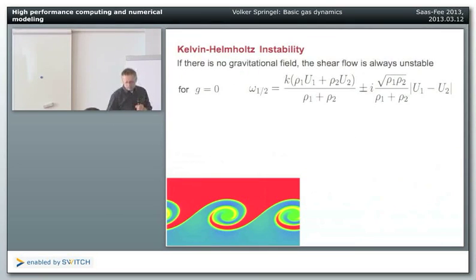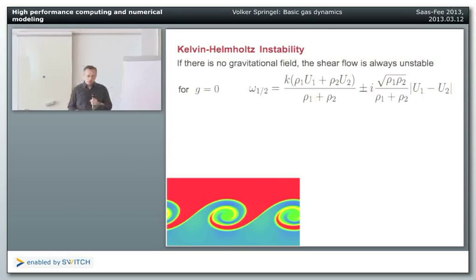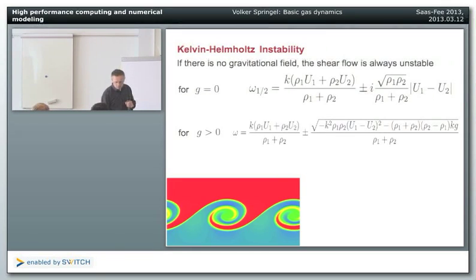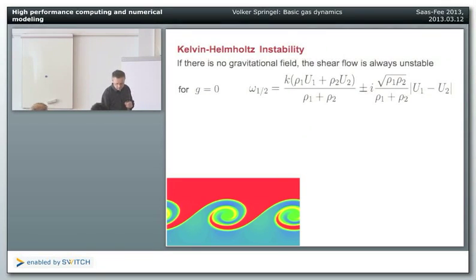Then the other case that's also simple is the Kelvin-Helmholtz instability that we yesterday already looked at. There, the common case that we should look at first is when the gravitational field is 0, then the dispersion relation becomes this expression. And here you have an interesting thing, that actually there are always imaginary solutions, provided there is a velocity difference.